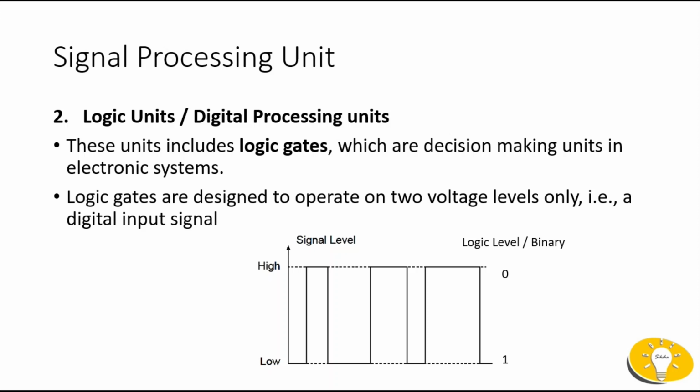The high level is also called logic level 1 and the low signal level is also called logic level 0. These logic units basically include logic gates, which are the decision-making units of an electrical system. That is, they process the input according to a logic and produce the desired output.